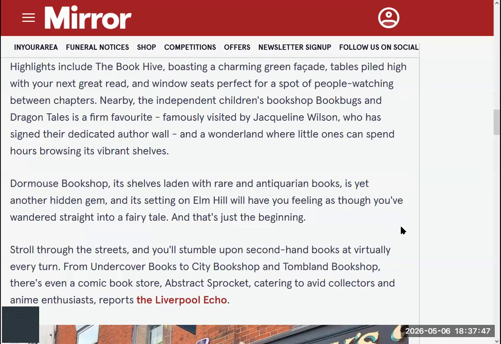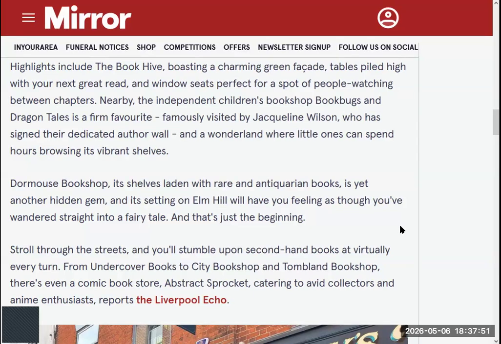Dormer's bookshop has its shelves laden with rare and antiquarian books. It's yet another hidden gem, sitting on Elm Hill. We will have you feeling as though you've wandered straight into a fairy tale, and that's just the beginning.